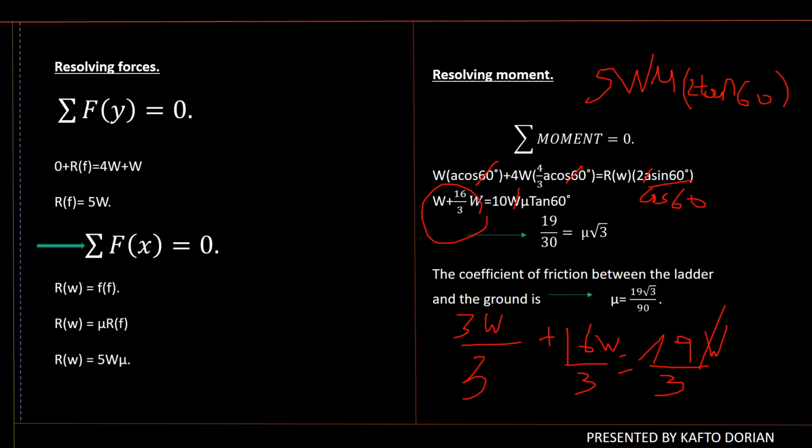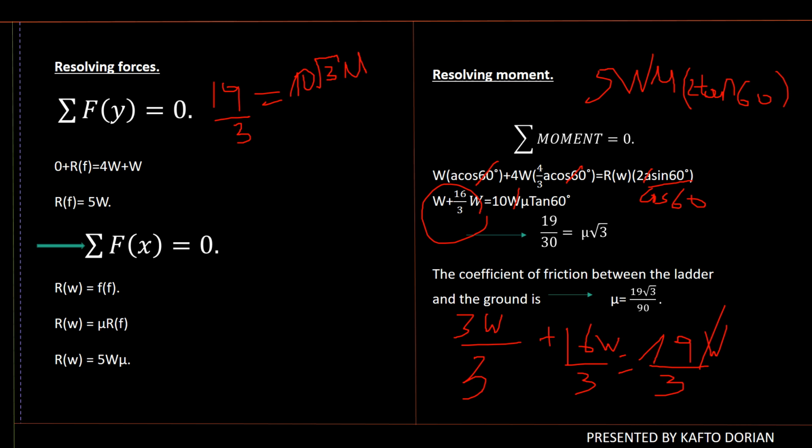Now I'll be left with 19 on 3 equals to 10, the coefficient of friction, tan 60. Tan 60 is the same as root 3, the coefficient of friction.